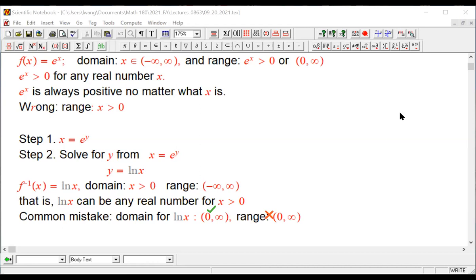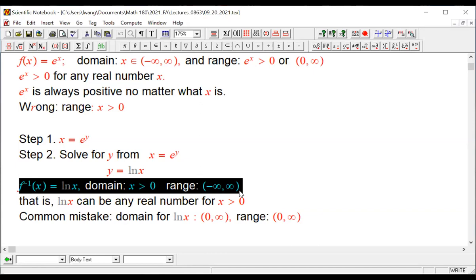We're going to plot points. So now everybody, please roll up your sleeves. In the process of plotting points, we want to confirm that the domain and range for ln x indeed should be this.